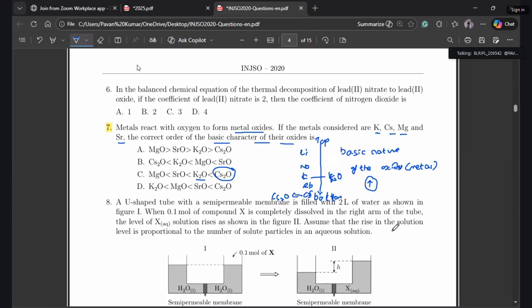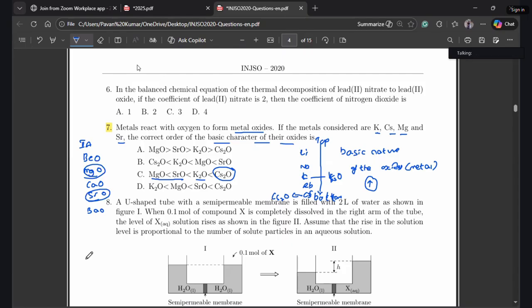And now if you see the second A group, 2A group, that is beryllium oxide, magnesium oxide, calcium oxide, strontium oxide, barium oxide. Here also the same thing, top to bottom, basic nature increases. So SrO is greater than MgO, because SrO is lower and MgO is higher.